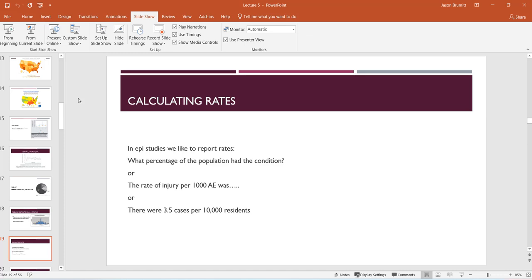So what if you have a team of 20 athletes and they participate in 100 athletic exposures, so 100 practices or games each? Well, you can start doing the math there and seeing how many athletic exposures the entire team is subjected to.